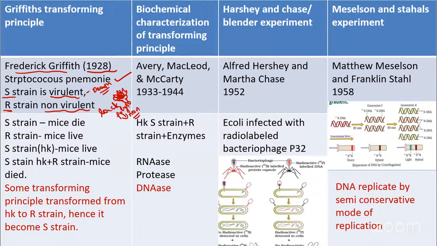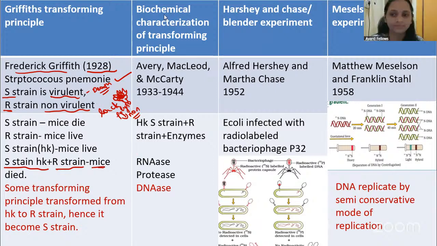Then again he started to think, and he took the heat killed S strain and the R strain. In the R strain there is no polysaccharide coating, and in the heat killed S strain also there is no polysaccharide coat. Then he injected the mice, but the mice died.